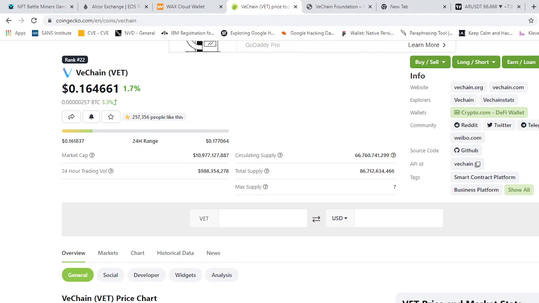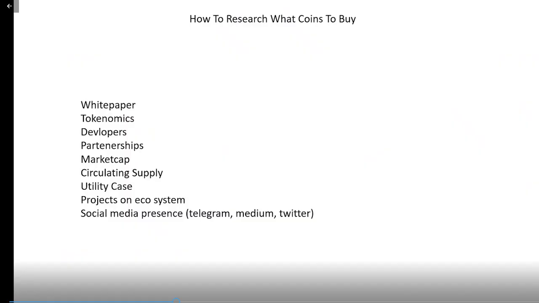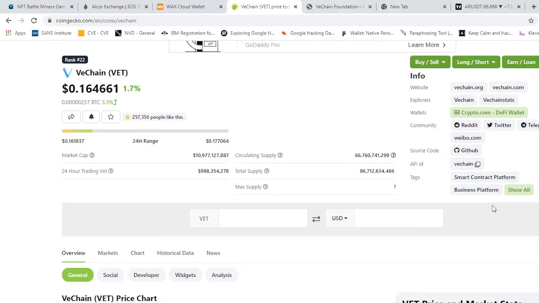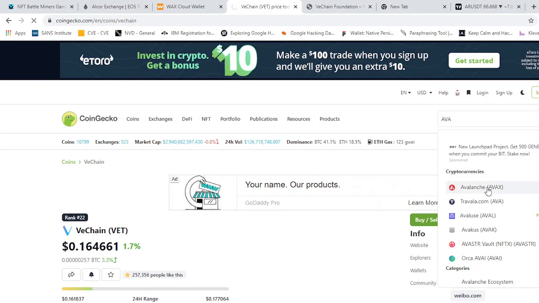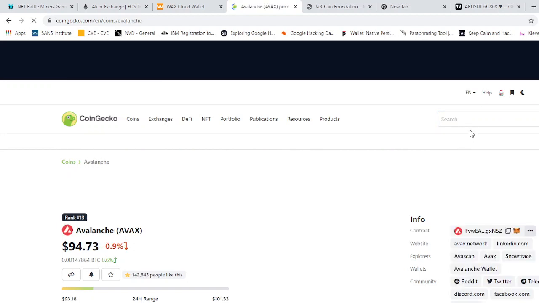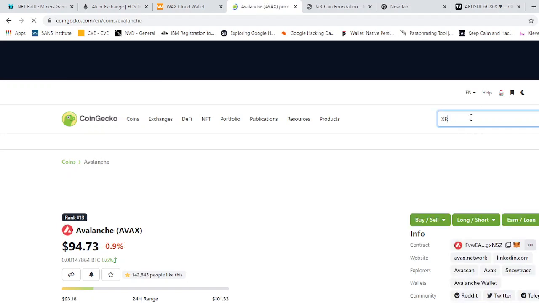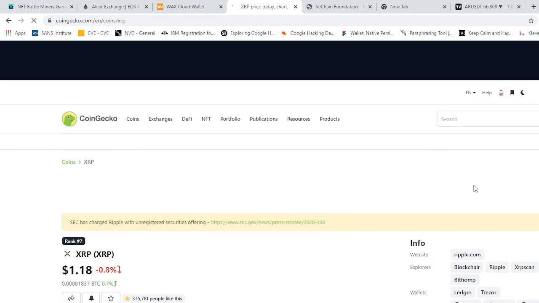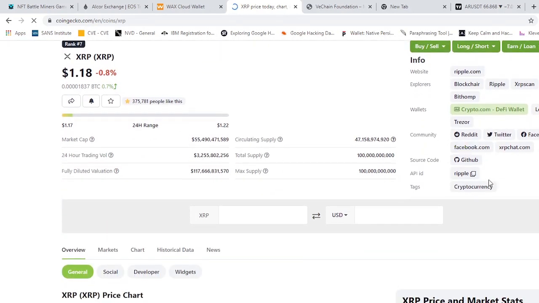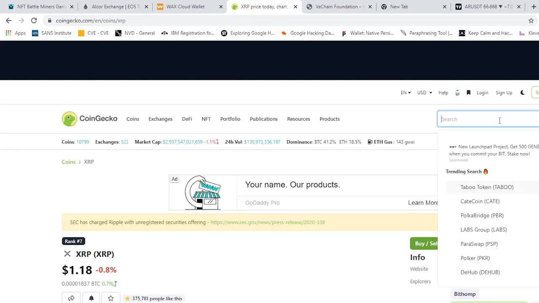Okay. Now, VChain doesn't have many projects on the ecosystem, so we'll look at something that does. We'll go to AVAX, or actually, we'll go to XRP. They don't want to show the projects. Okay, we'll go to Solana then.